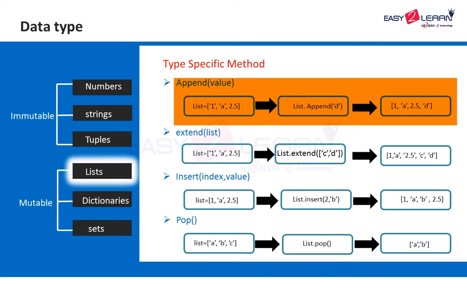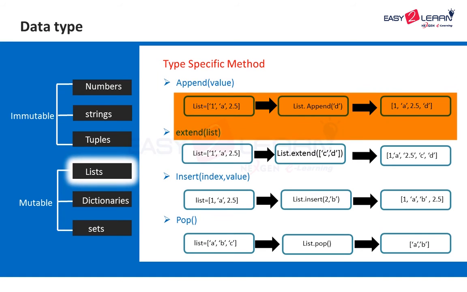Using the append operator, I have a list that has 1, A and 2.5. Once I call list.append of D and specify the value that I wish to add, the value gets added to my list.